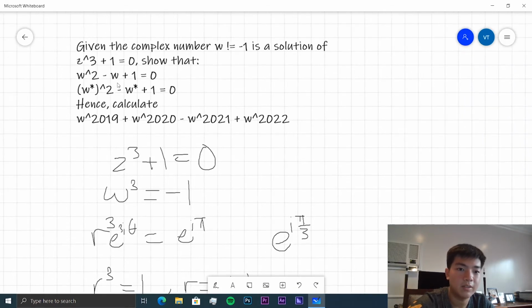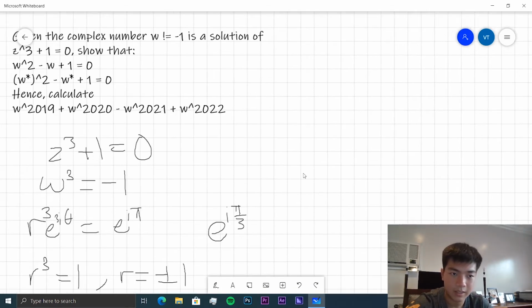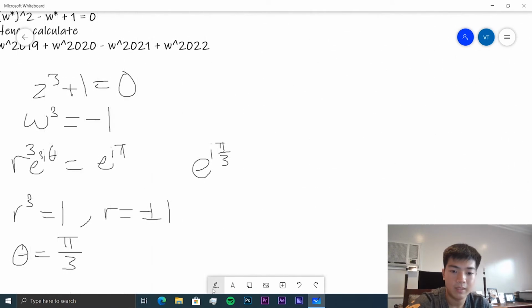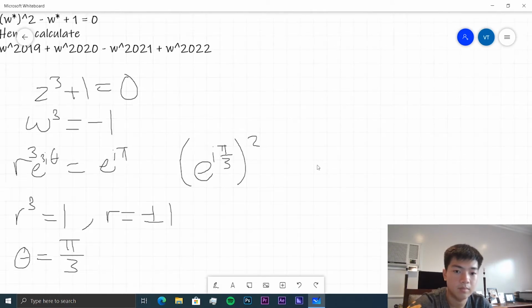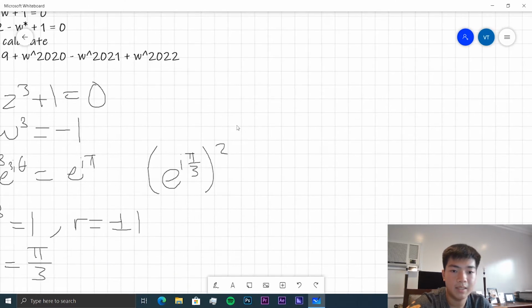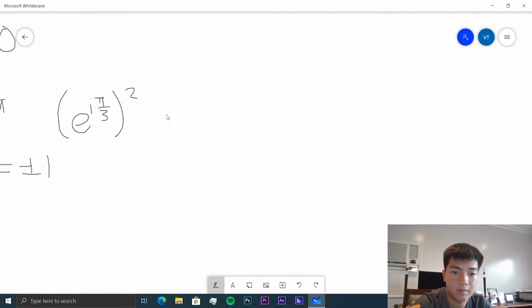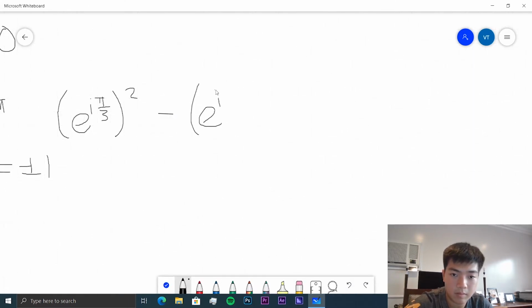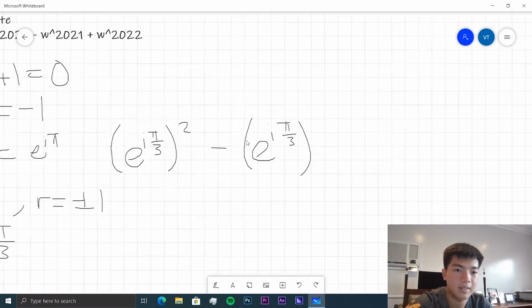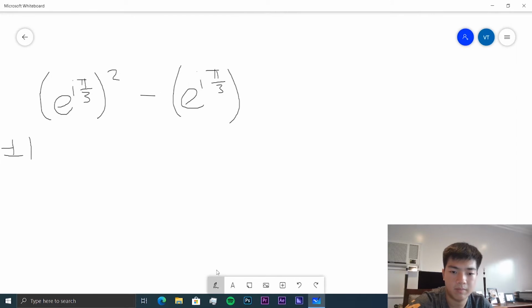First we need to show that it's a solution to this equation, so let's do that. We have this squared, minus itself, plus 1 equals 0.